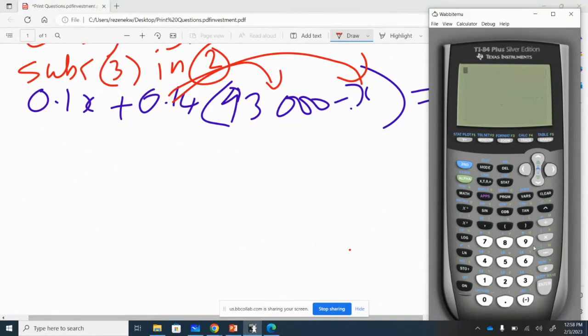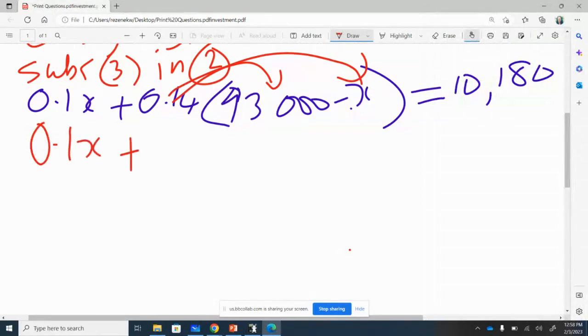And I'll ask my calculator, what is 0.14 multiplied by 93,000? I hit enter, and then I'll bring down x. It told me it is 13,020.